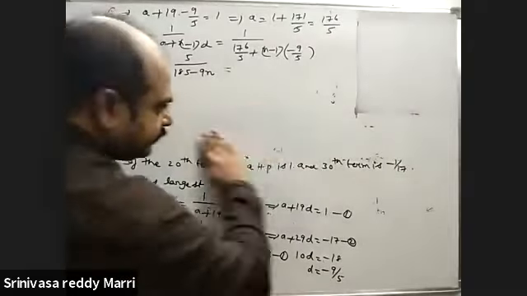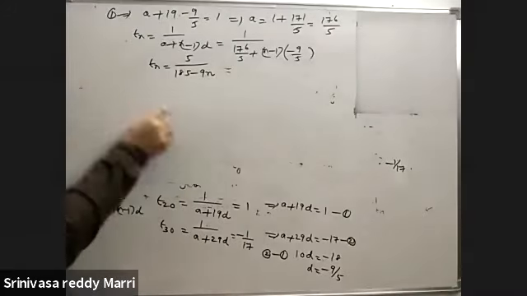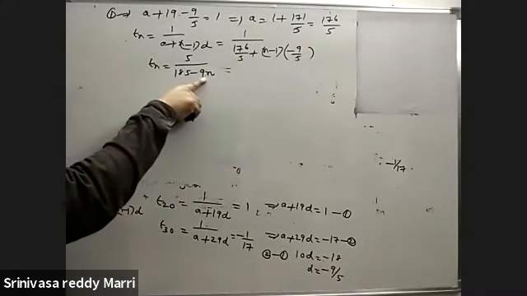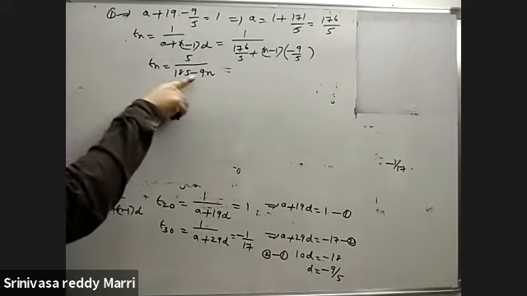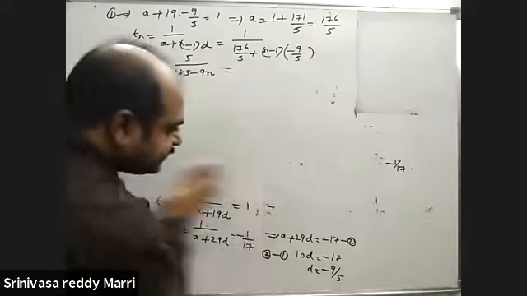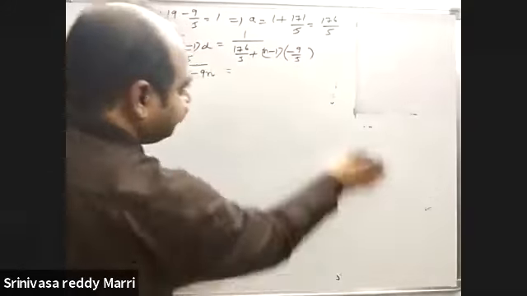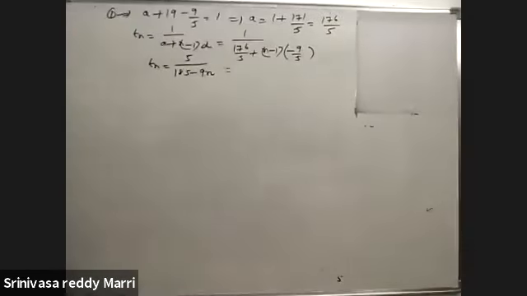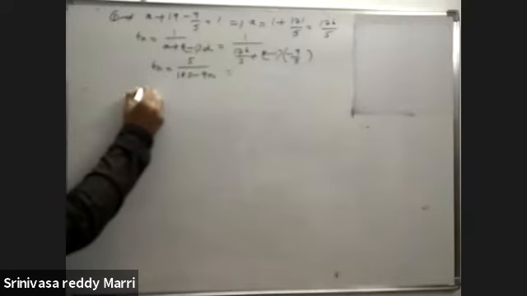So now look at, there are terms in AP. N equal to 1 means one term you will get. N equal to 2 means another value you will get. We want the maximum value of the term, so obviously the maximum value will be positive only.